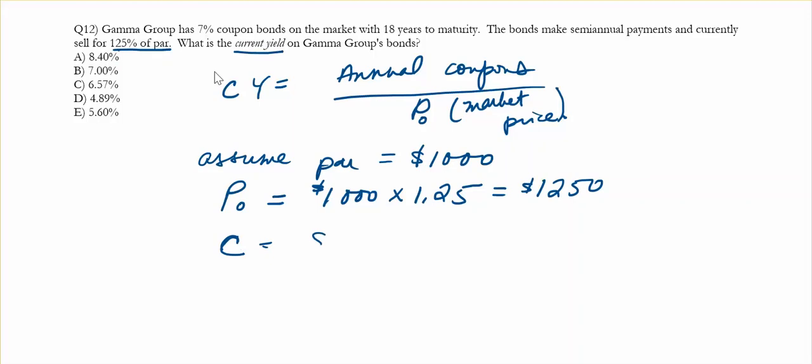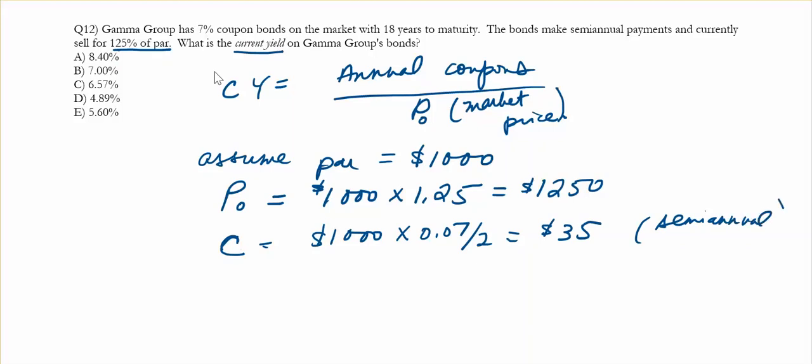The coupon is 1,000 times 7% divided by 2. But notice that that is the semi-annual payment. The formula for current yield is annual coupons. So to get the annual coupons, I actually will multiply that by 2 to get the annual coupons of 70. Let me just write that out here. We have 2 coupon payments of $35 over the year.